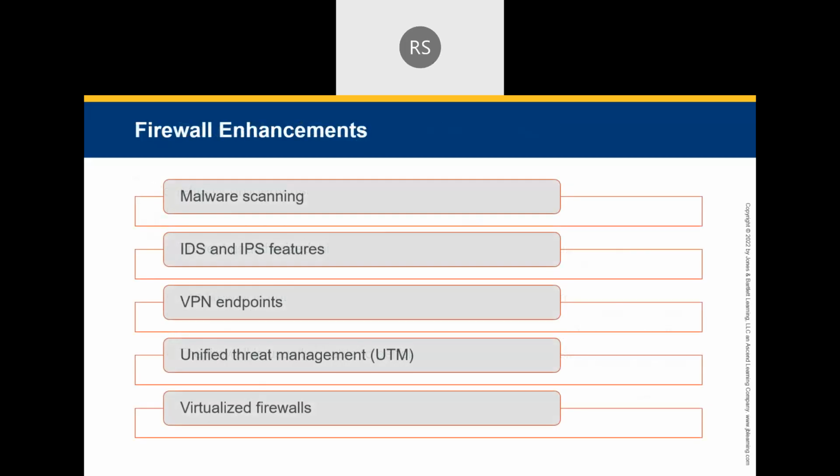So, for some enhancements to traditional firewalls, we will look at some additional features and functions that can contribute to a more comprehensive and adaptive security infrastructure. First is malware scanning. Firewalls enhanced with malware scanning capabilities integrate threat intelligence and signature-based detection to identify and mitigate malware.